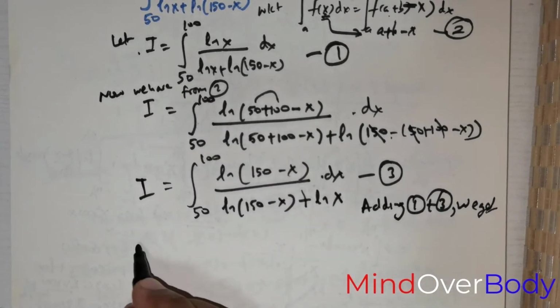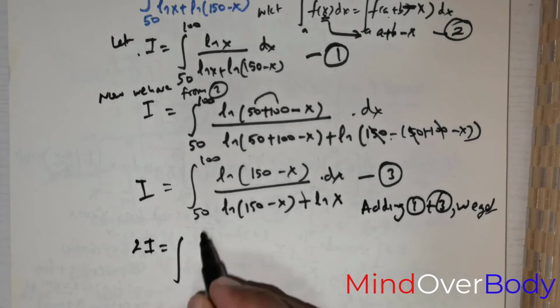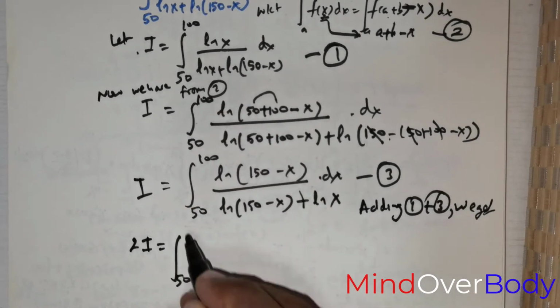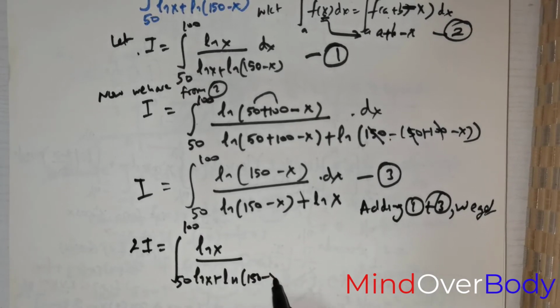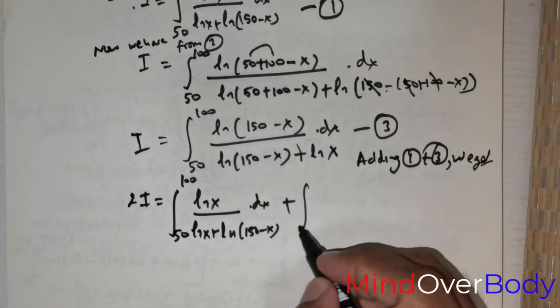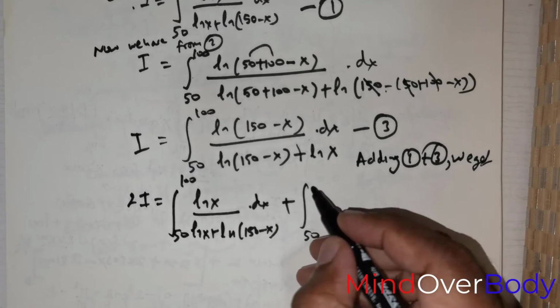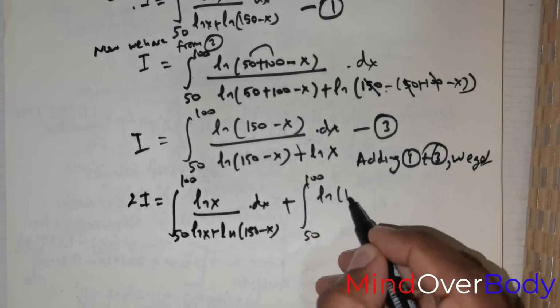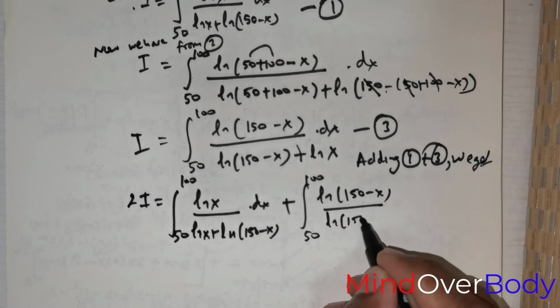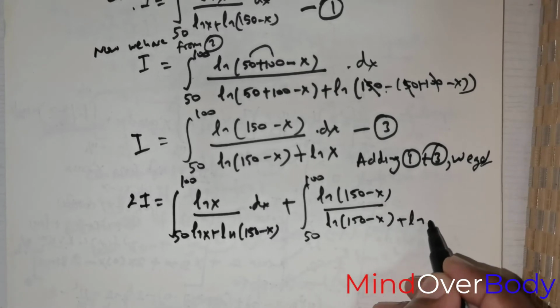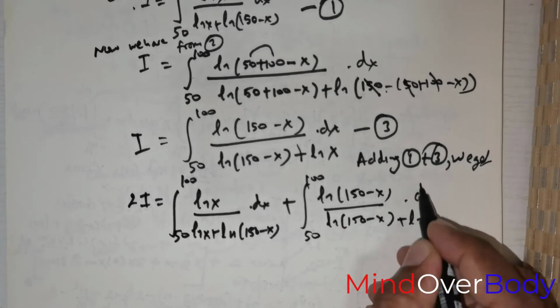I added with I, this would be 2I, equal to the integral from 50 to 100 of ln x over (ln x + ln(150 − x)) dx plus the integral from 50 to 100 of ln(150 − x) divided by (ln(150 − x) + ln x) dx.